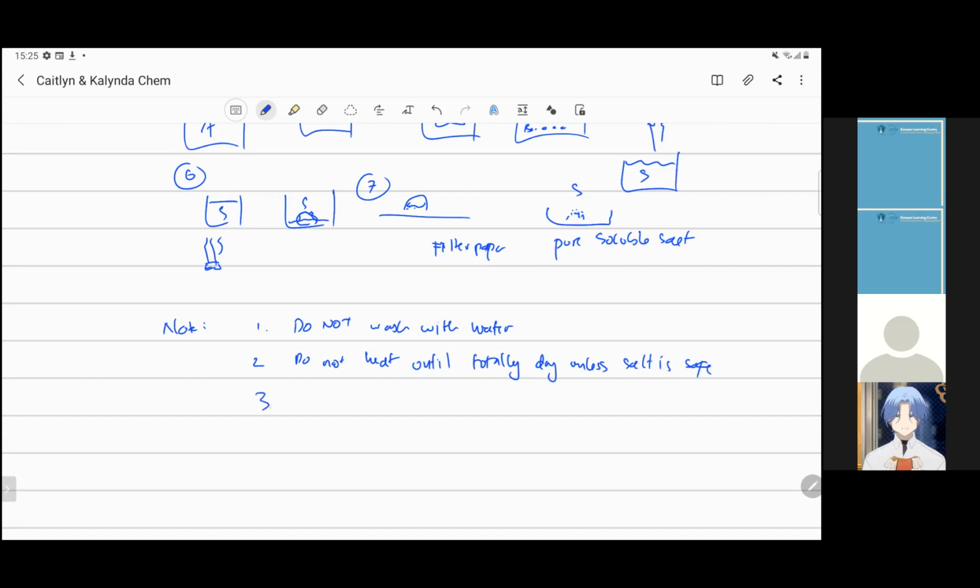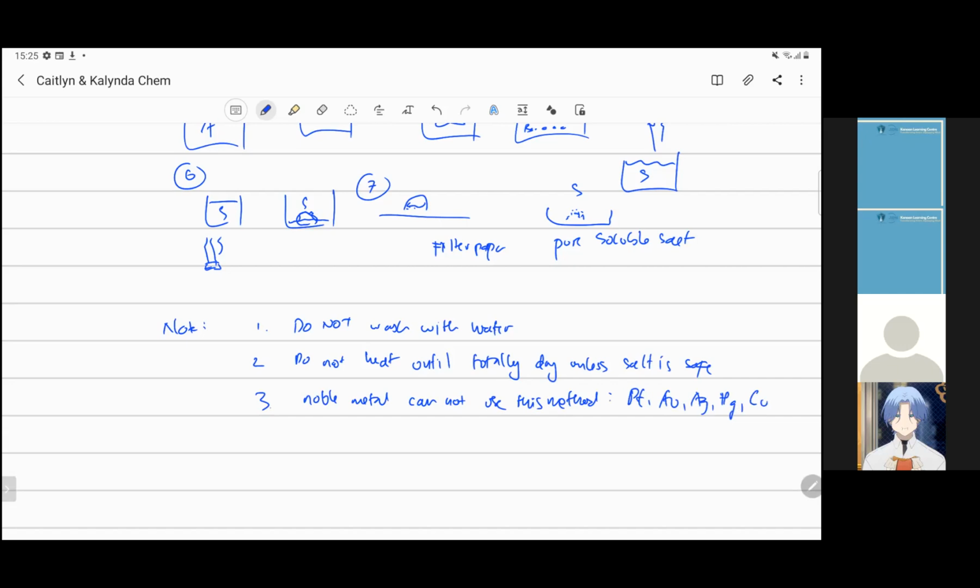And the third one here, we need to know that there are some exceptions for the metal. Platinum, gold, silver, mercury, and copper.